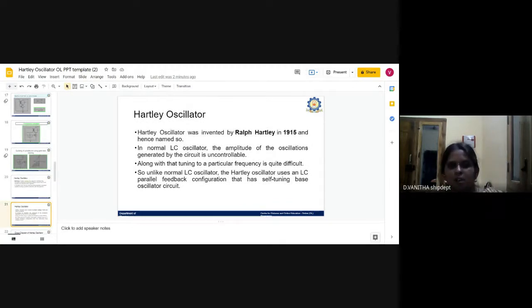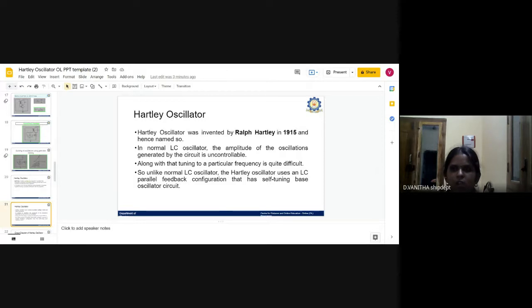This Hartley oscillator was first invented by Ralph Hartley in 1915. By his name only, it is called a Hartley oscillator.